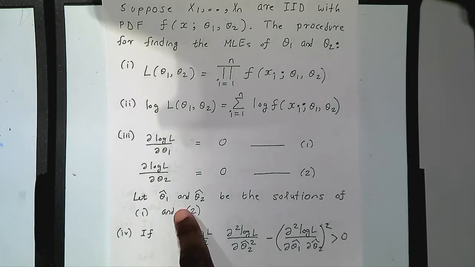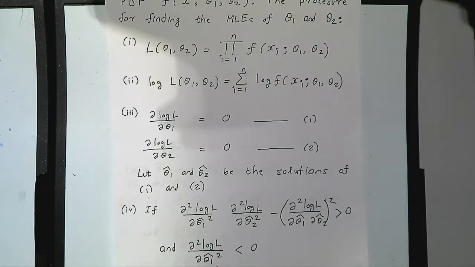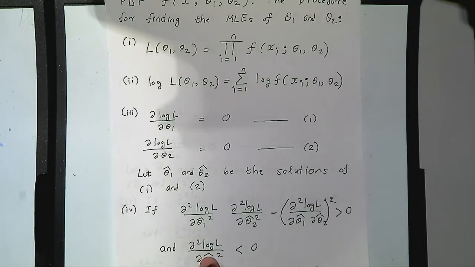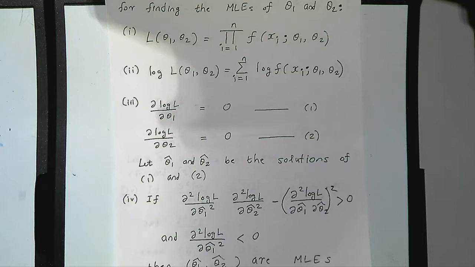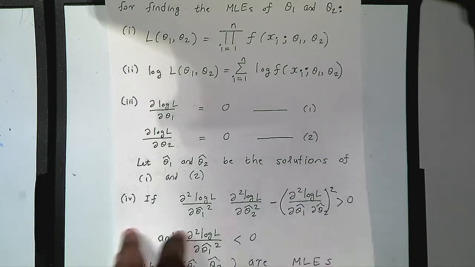Let the solutions be theta 1 hat and theta 2 hat. And the final step is that if this guy here is positive and this guy is negative, then the solutions theta 1 hat and theta 2 hat are the MLEs for theta 1 and theta 2 respectively. So that's in the continuous case.